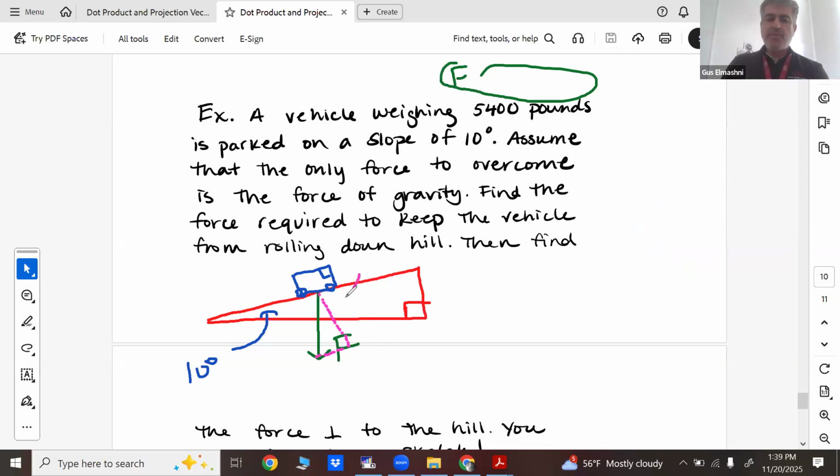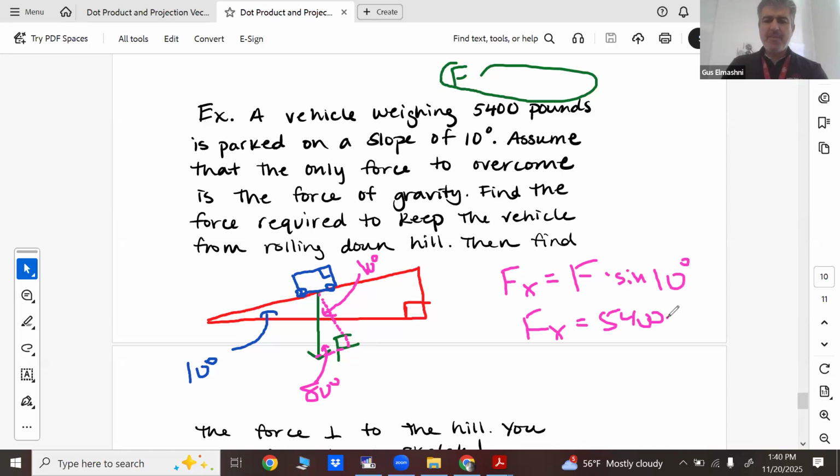And then this right here would be 10 degrees, right? So the horizontal force would be F times sine 10 degrees, right? I'm pretty sure I had that. It was just the orientation, perhaps.